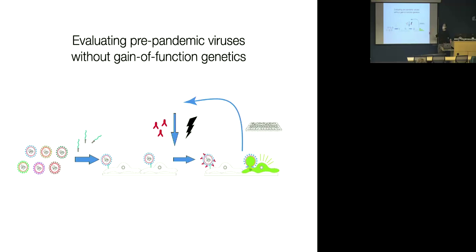So how do you assess those against potential pre-pandemic viruses? This provides one technology platform. That's something we're very interested in, and something we have the fundamental technology for, but we really need to do the engineering to implement and scale up, and we're looking forward to working on it here.